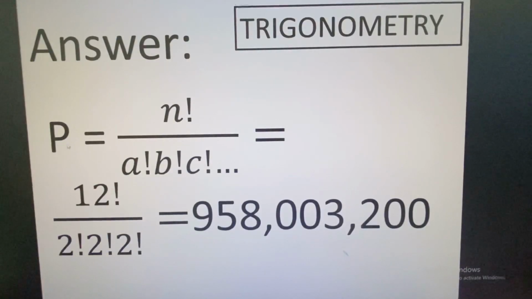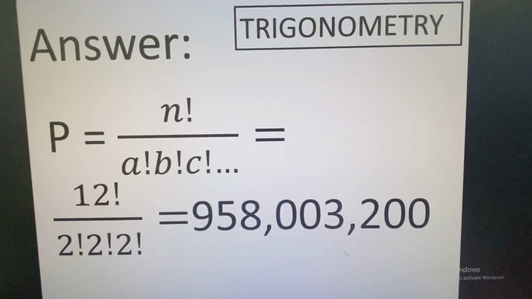So we have the formula P equals n factorial divided by a factorial, b factorial, c factorial, and so on. So we have the word trigonometry here. So n factorial, the numerator, is the number of letters of the word trigonometry, which is equals to 12. 1, 2, 3, 4, 5, 6, 7, 8, 9, 10, 11, 12. So that is 12 factorial.